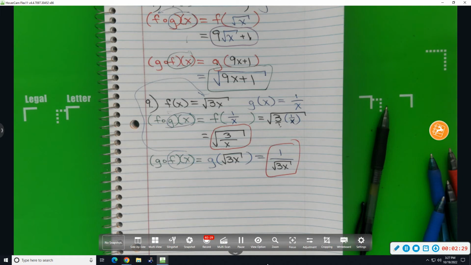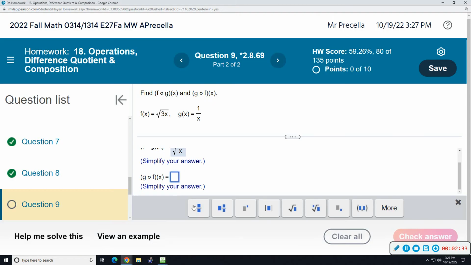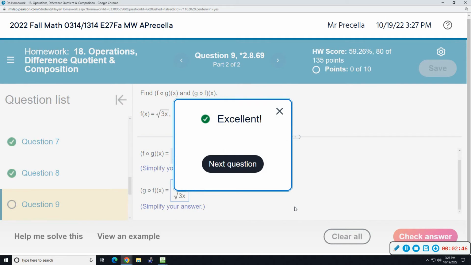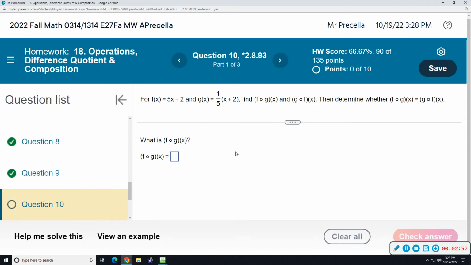So I agree. I would click that fraction bar first, and then I have a 1 on the top, and on the bottom I have square root of 3x. Any questions there? The next 2 questions are trying to get you ready for inverse functions, which we'll probably be seeing next week.